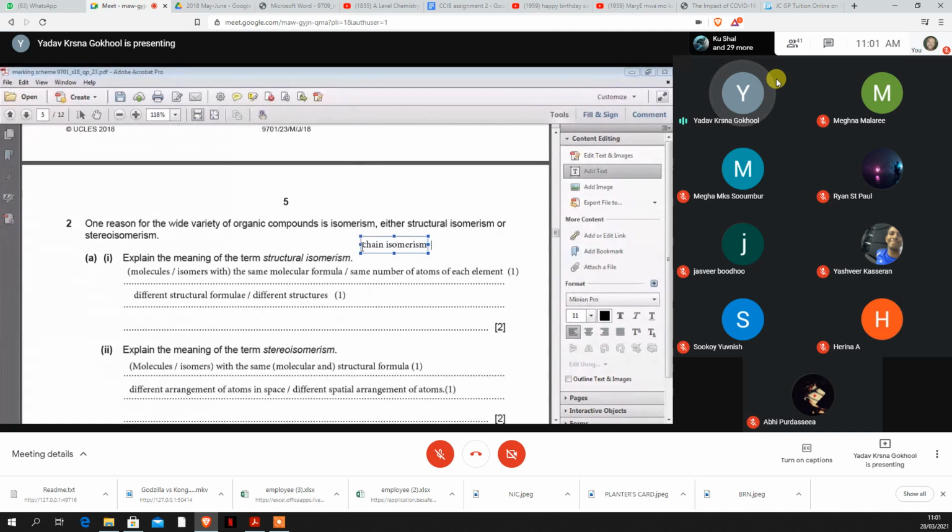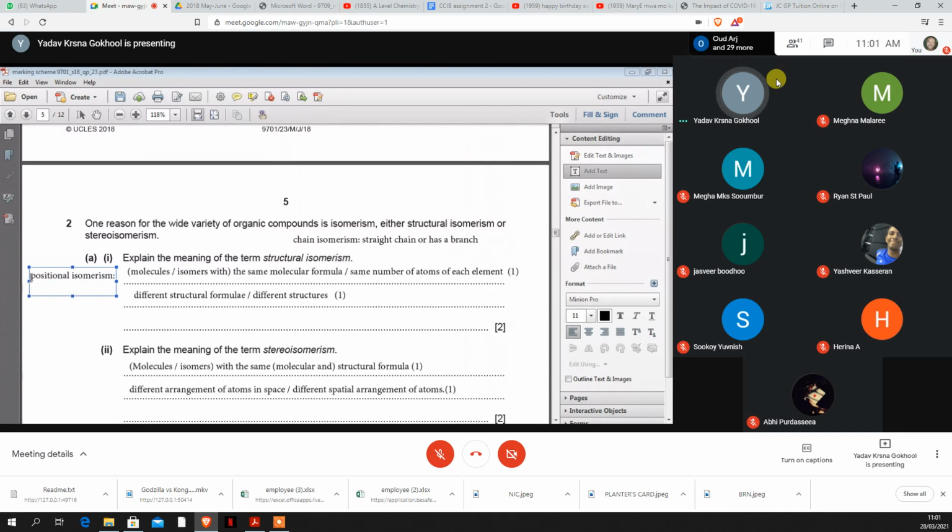That is chain isomerism: a straight chain or one that has a branch. I hope you understand what a branch is, like when you have two methyl groups. Then structural isomerism also includes positional isomerism. Now, what is positional isomerism?